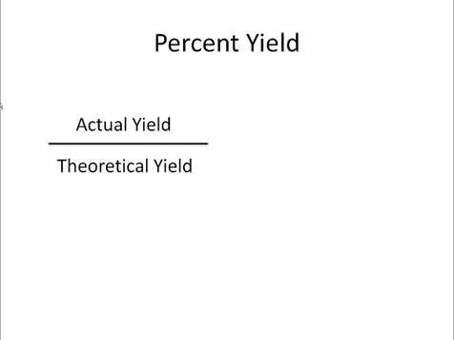Alright, so let's tie this into what we call percent yield. Percent yield is your actual yield divided by your theoretical yield. Now your actual yield is what you get in a lab situation. So when you're in the lab doing an experiment, that is the amount that you get from your experiment.